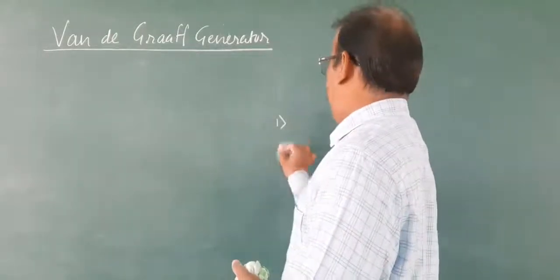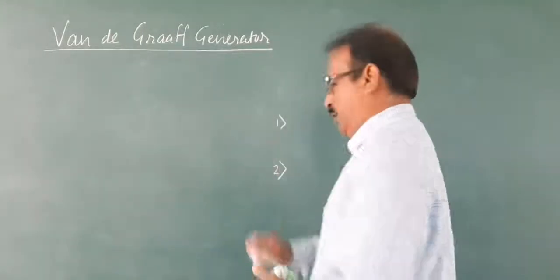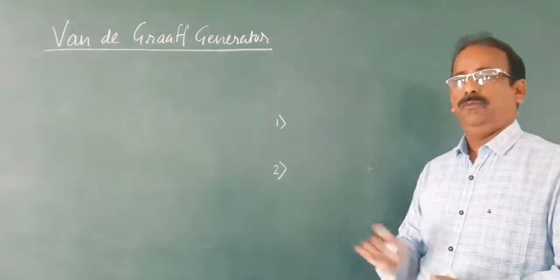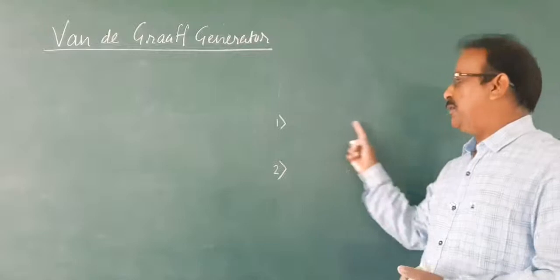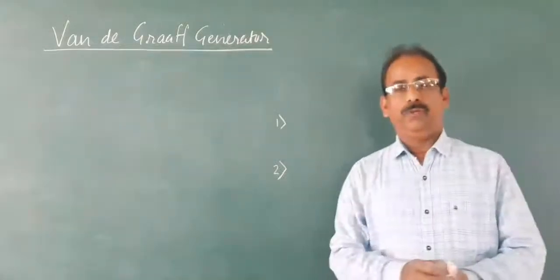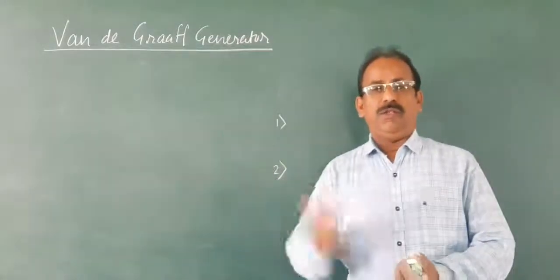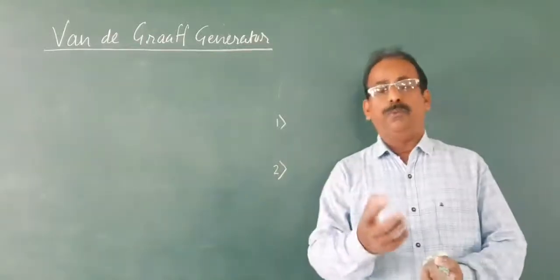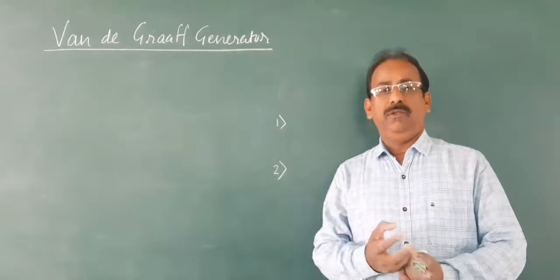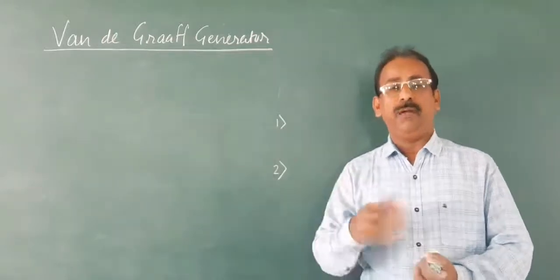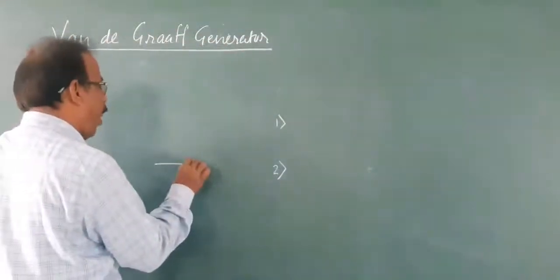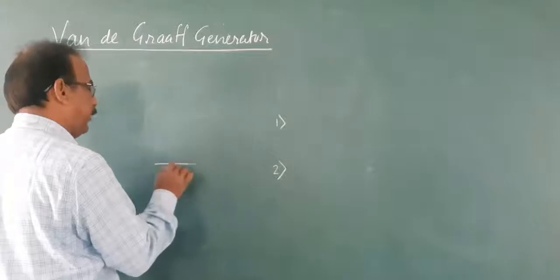This device works mainly on two principles. First principle is, in this device, the phenomenon of corona discharge is used. What is meant by corona discharge? Suppose these are the pointed conductors.